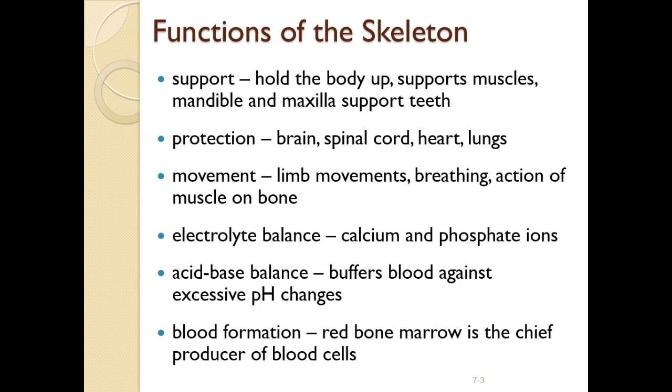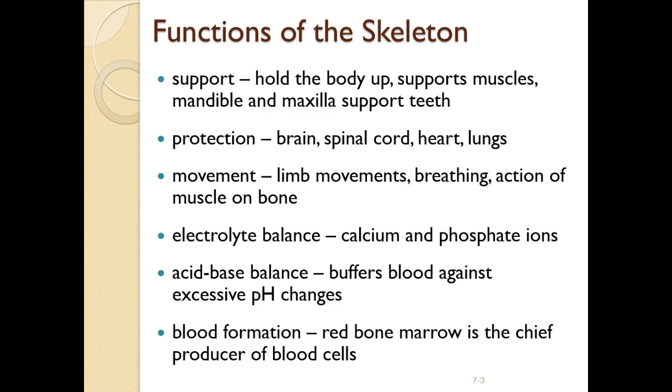What is it protecting specifically? If you think of where some of your most vital organs are, they're protected by the skeleton. The brain is protected. Imagine if we didn't have a skull, how difficult that would be. Every time we bumped our head, we would have the potential of dying just from bumping our head. So the brain is protected by the skull. The spinal cord is protected by the vertebrae.